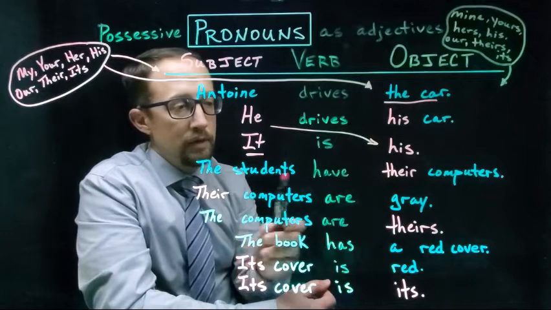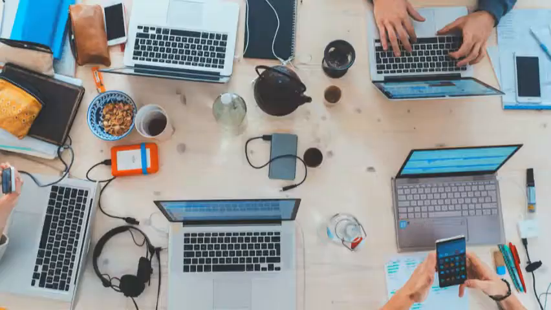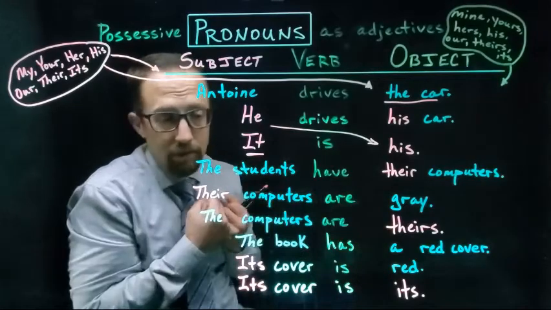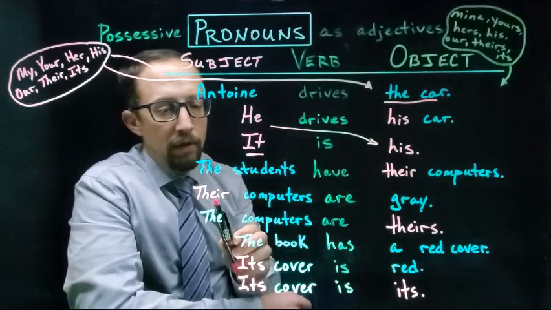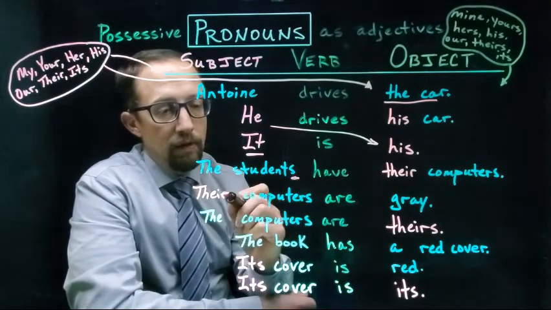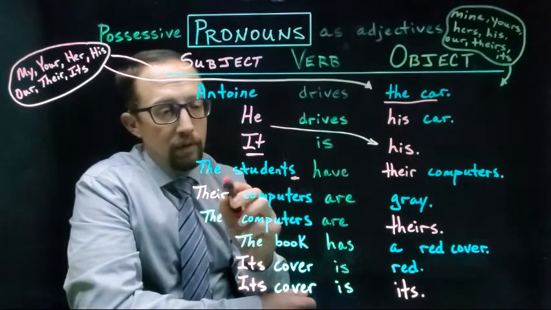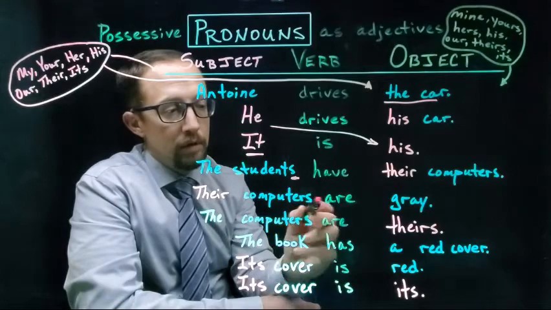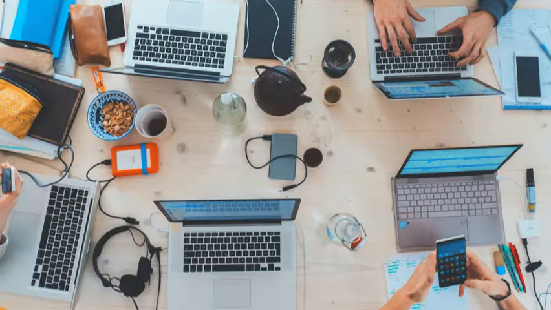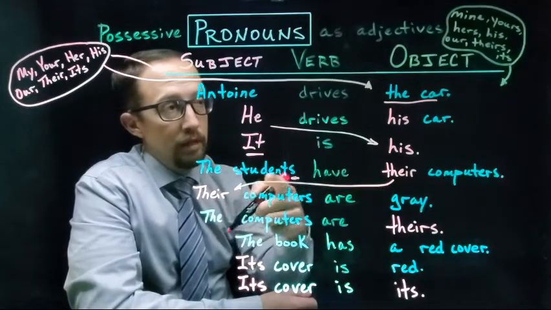The students have their computers. The students have the computers. Their computers, it's there because students is two or more. Their computers are gray. And you'll see there can be on the subject side.